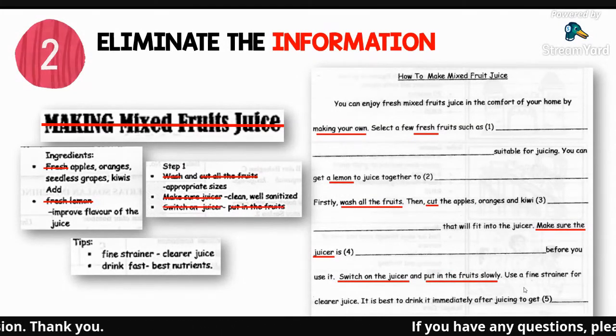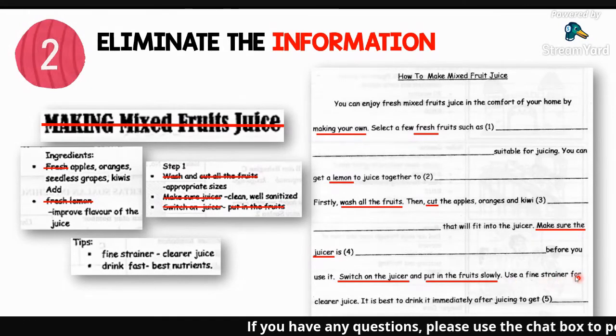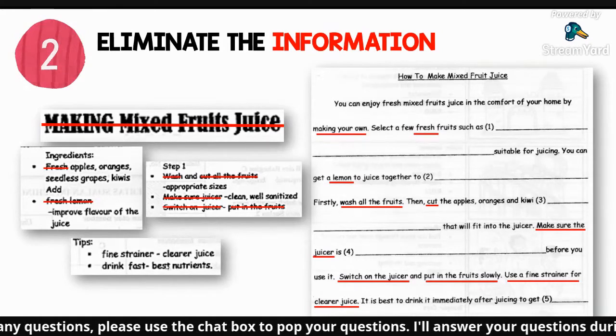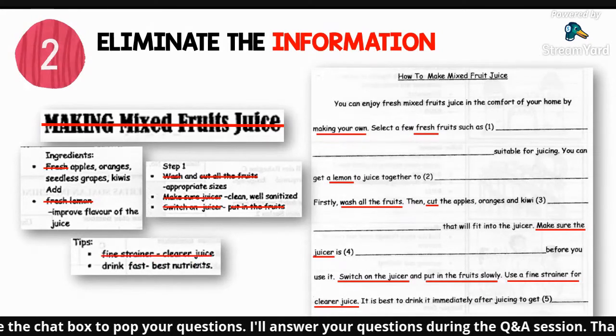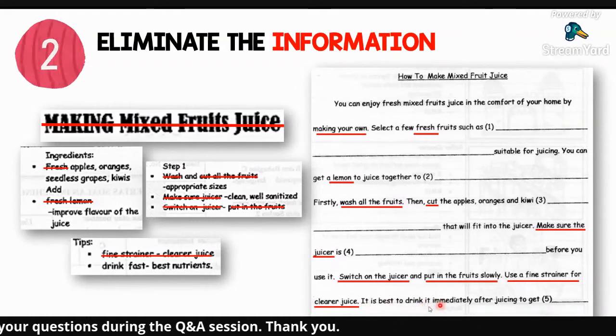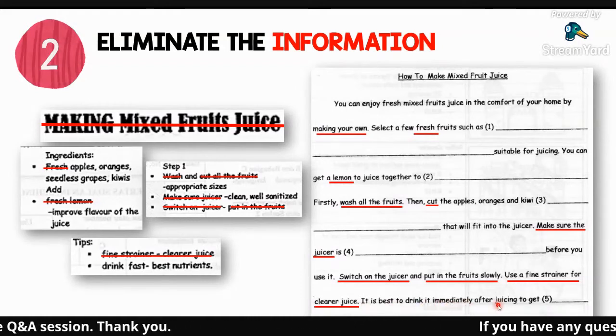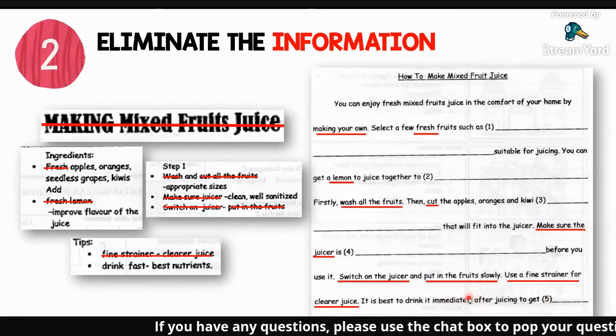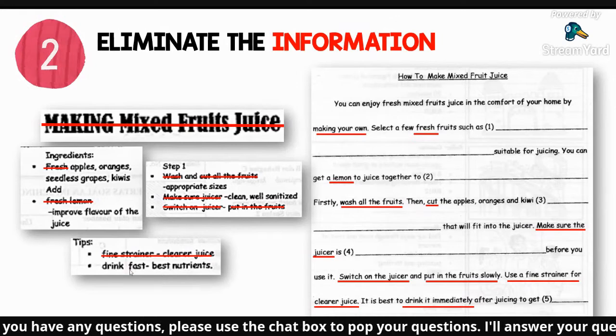Use a fine strainer for clearer juice. And we know this information is over here, so cut it out again. And it is best to drink it immediately after juicing. Now, the word immediate means fast, quickly, right? So there you go.